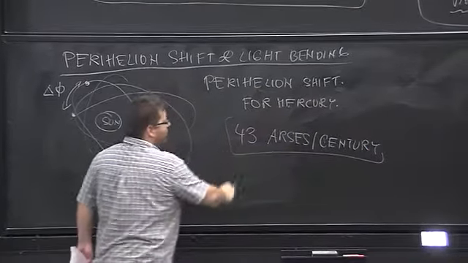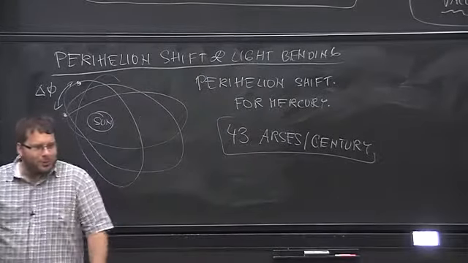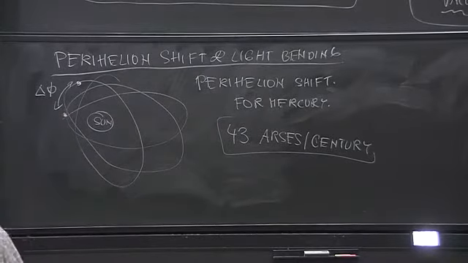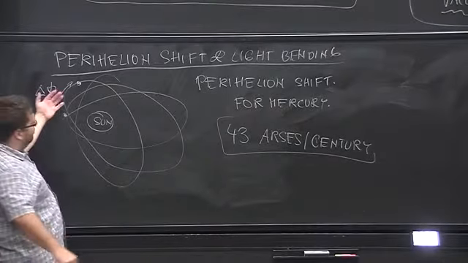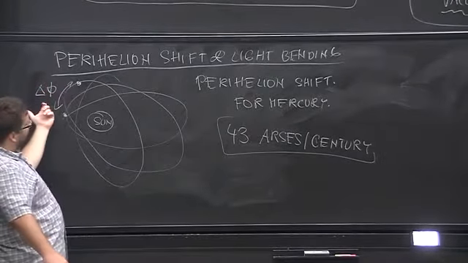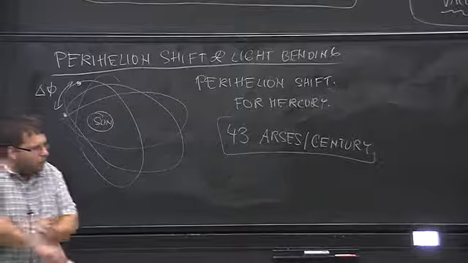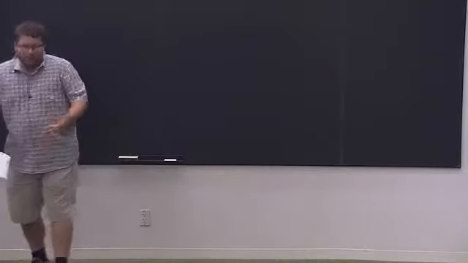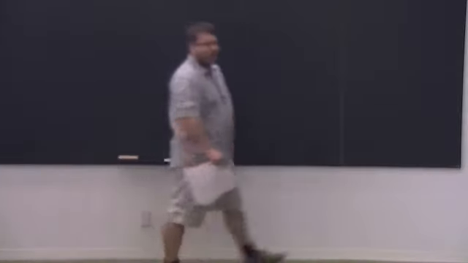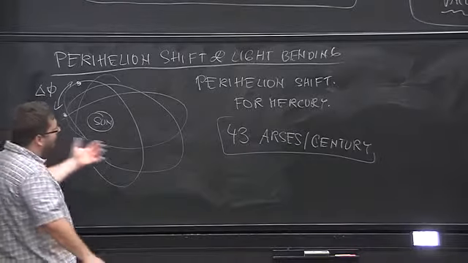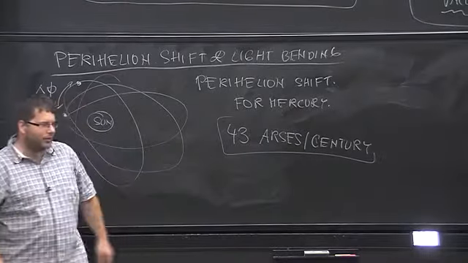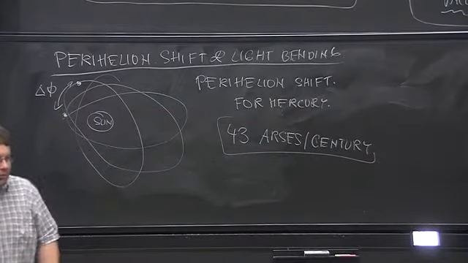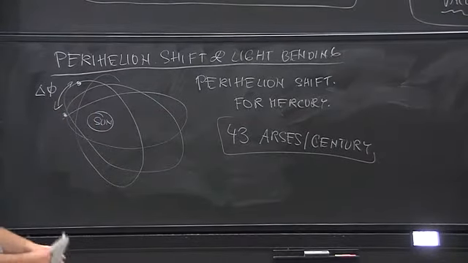So this is the missing piece which people were missing in Newtonian mechanics. As I said, the angle delta phi is much, much bigger, but all of it can be explained by perturbations from the other planets, apart from 43 arcseconds per century. And this was measured, so people knew that this is the case.